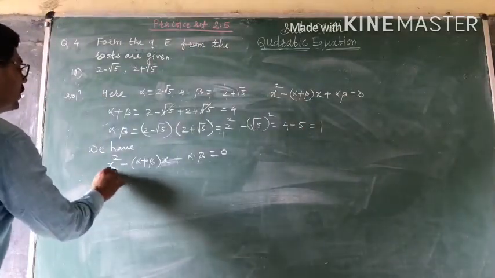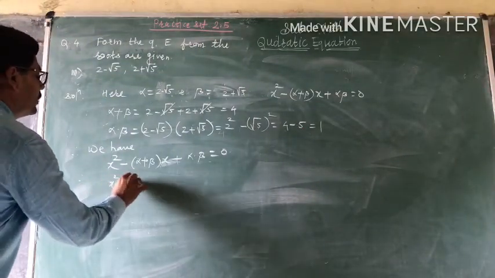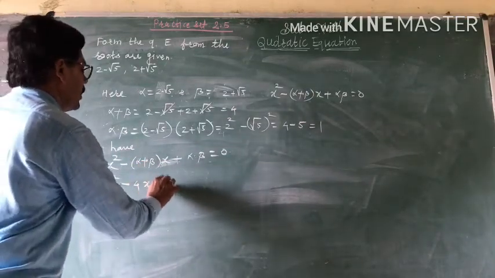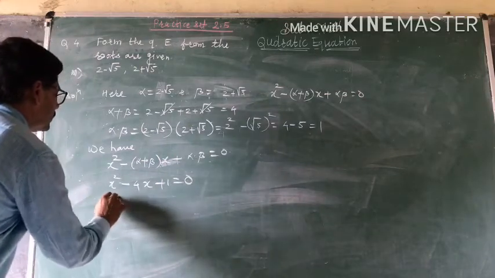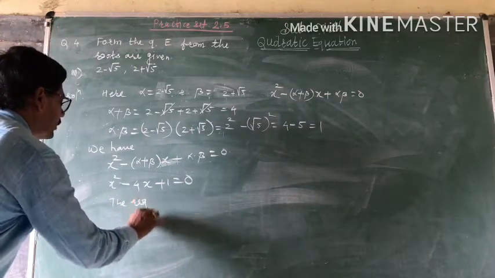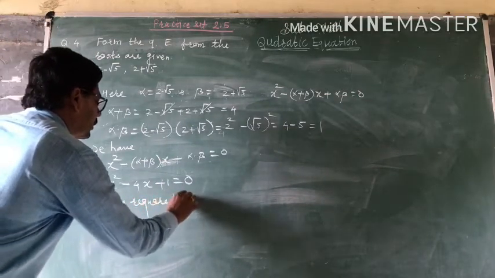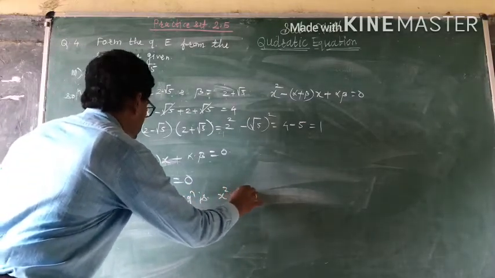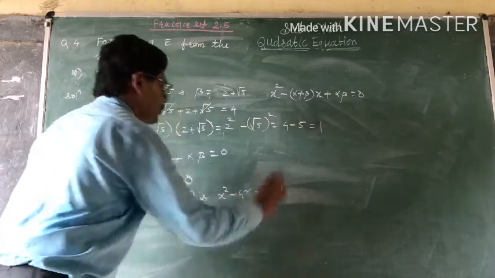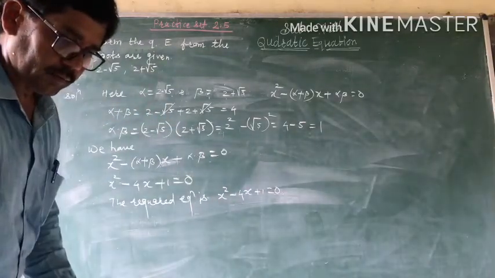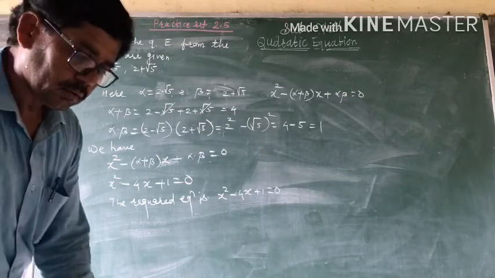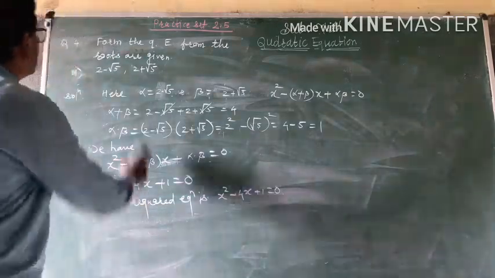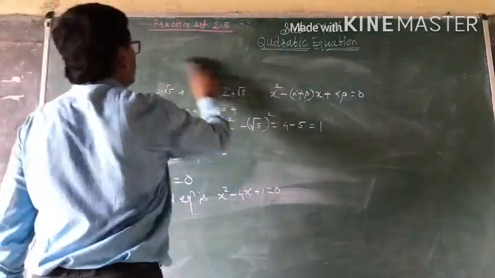And the equation is x square minus the sum, 4x, plus the product. Therefore, the required equation is x square minus 4x minus 1 is equal to 0. Question number 5.